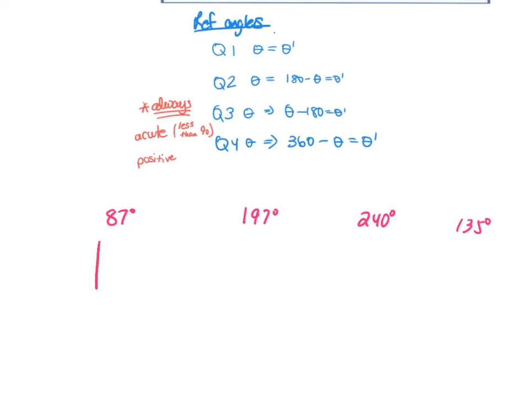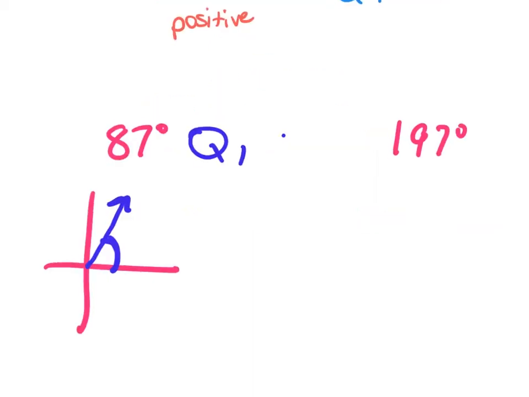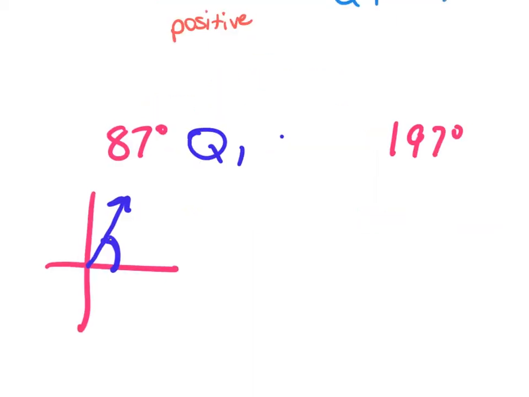If I were to give you a picture of what an angle looks like at 87 degrees, what quadrant is 87 degrees? It's in quadrant 1. So your angle would be something like this. Your reference angle, by definition, is the angle formed from the terminal side of the angle down to the x-axis. So I would draw it like this, right in here.